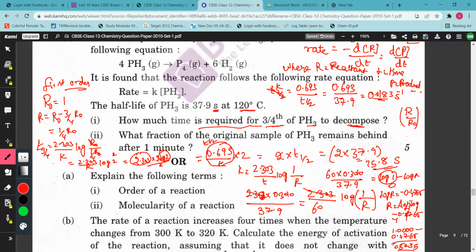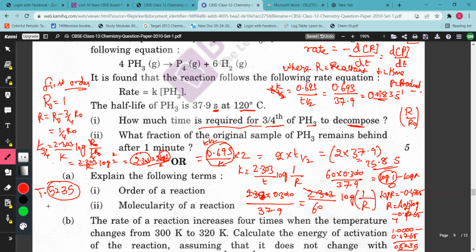I think in your paper they will give the anti-log value directly because they won't give log sheets. So look into that. So bar 1.5235. Now 0.5235, what is the anti-log?